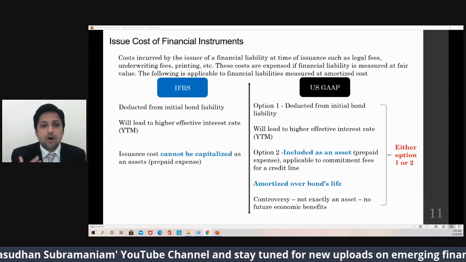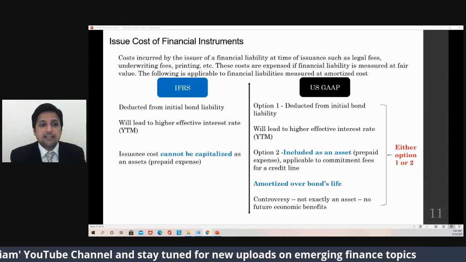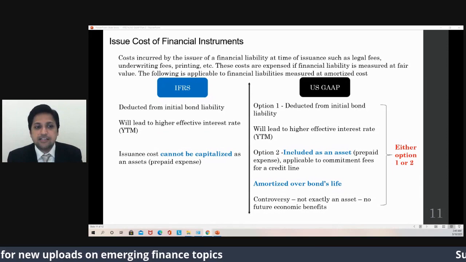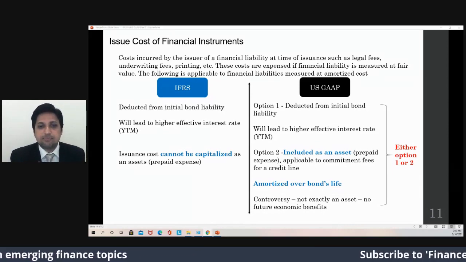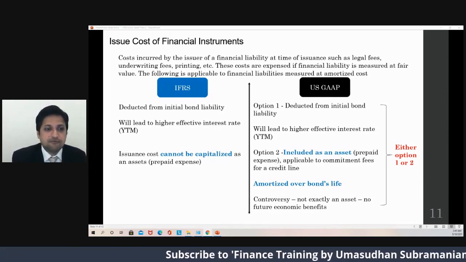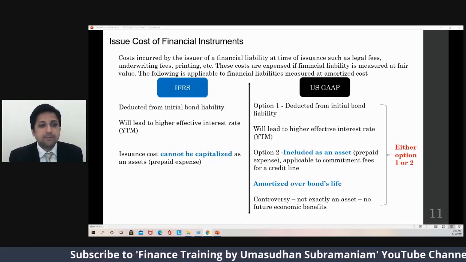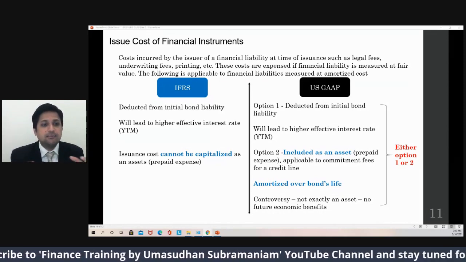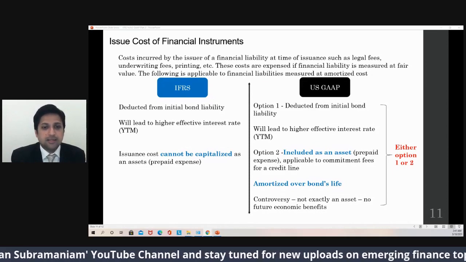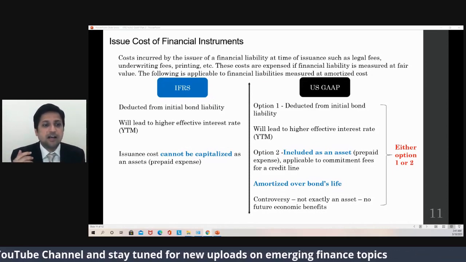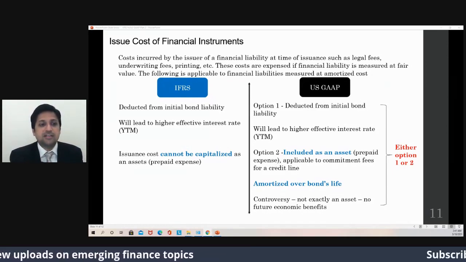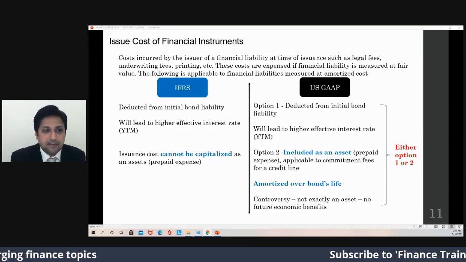There is also an option in US GAAP where the initial issue cost can be capitalized in the balance sheet as an asset, such as prepaid expenses, which is mainly applicable for commitment fees for a credit line. And these prepaid expenses are going to be amortized over the maturity period of the bond. But the problem is that there is an accounting controversy here: an asset is something that should generate future economic benefits.